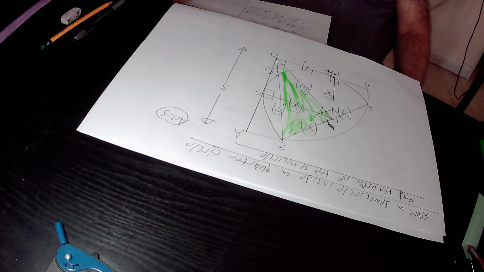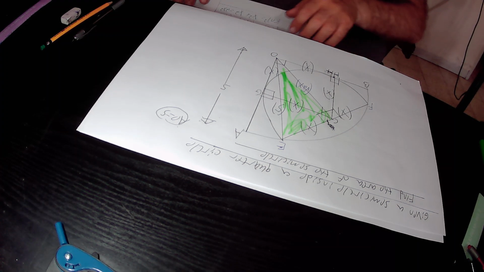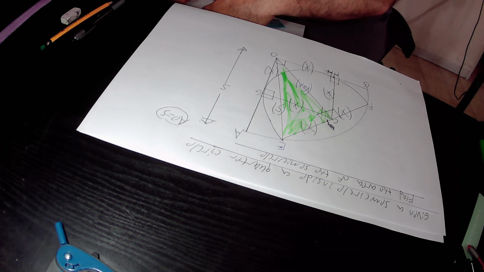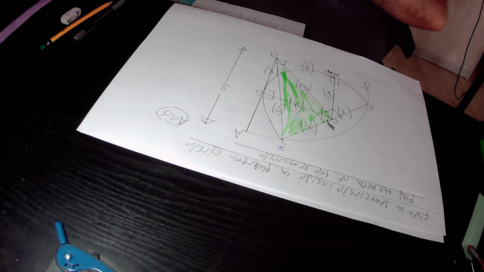Here PT is an abbreviation for Pythagoras theorem. The hypotenuse OE equals 5 units in length.